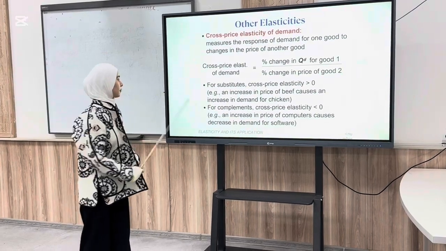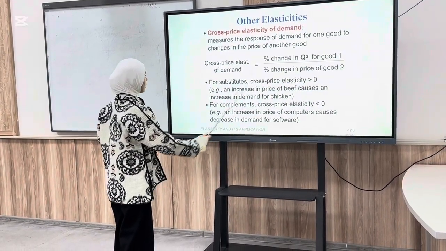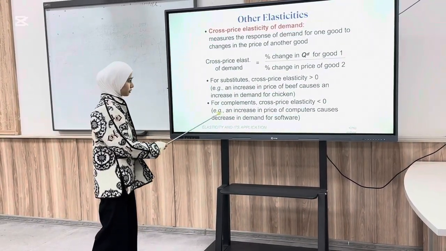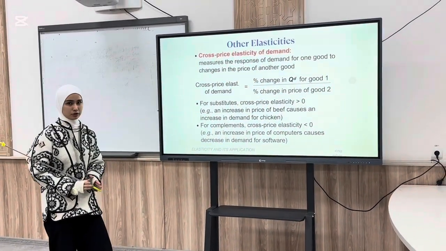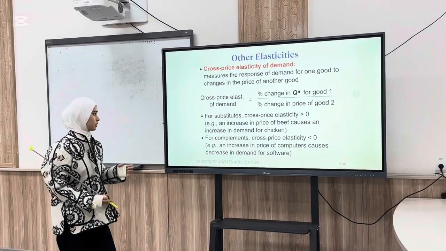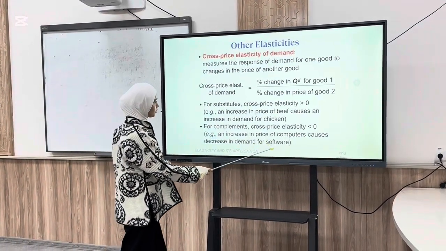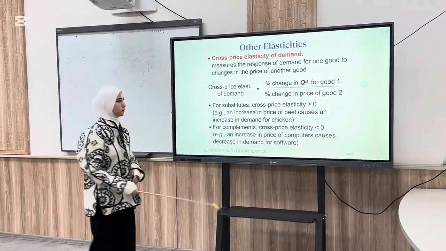As an example, an increase in price of beef causes an increase in demand for chicken. And for complements, cross price elasticity is smaller than 0. If you take an example, an increase in price of computers causes a decrease in demand for software.